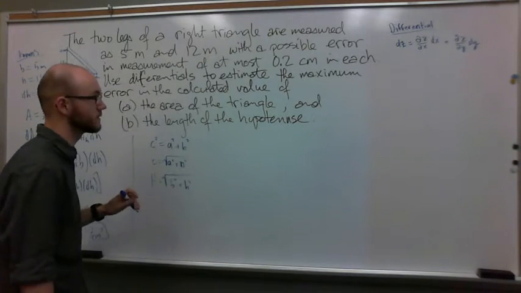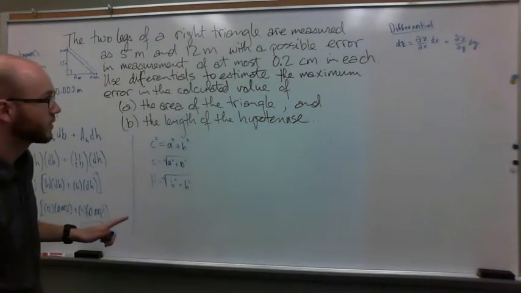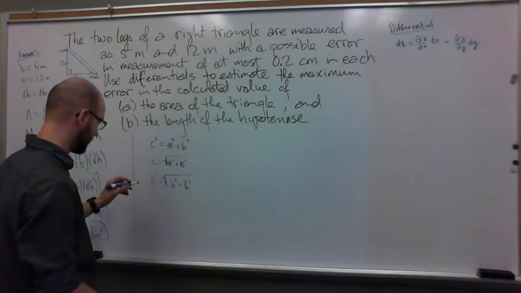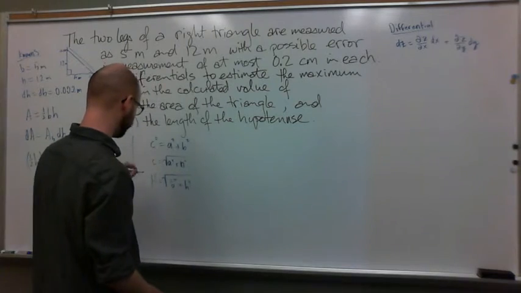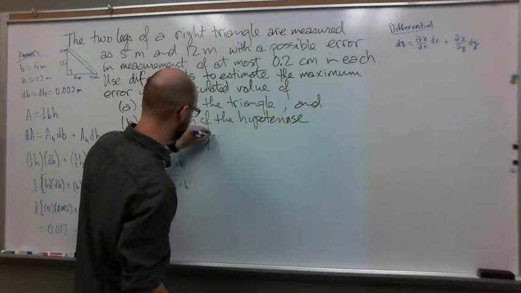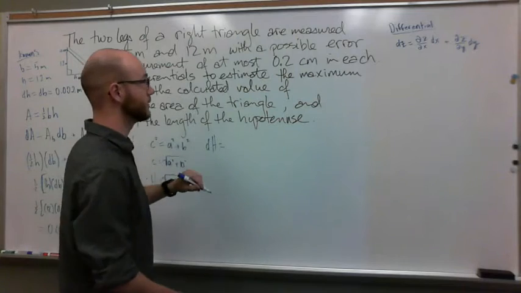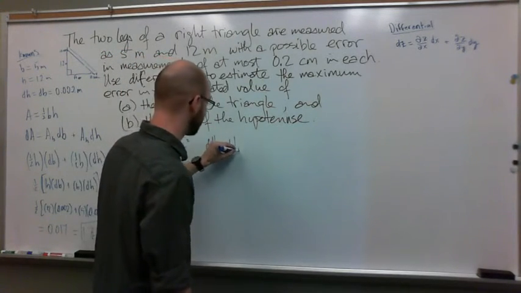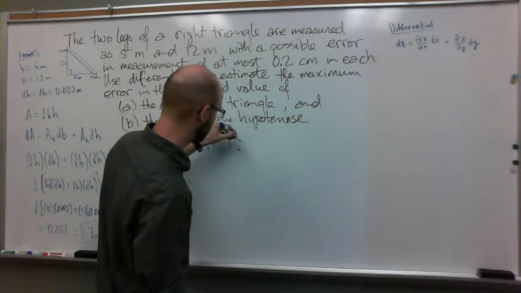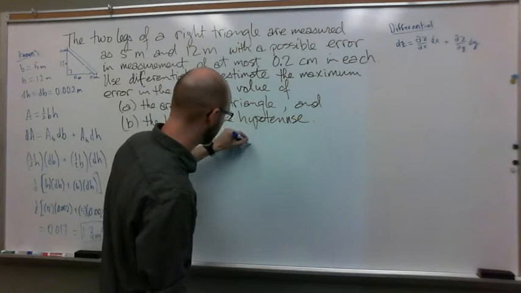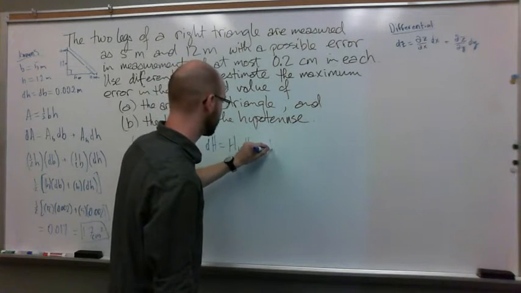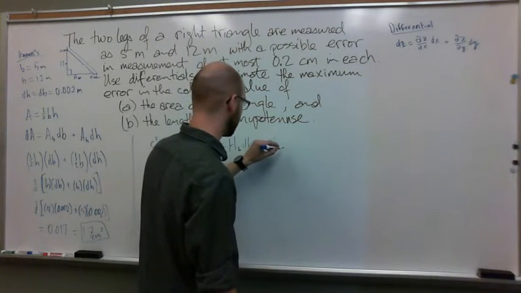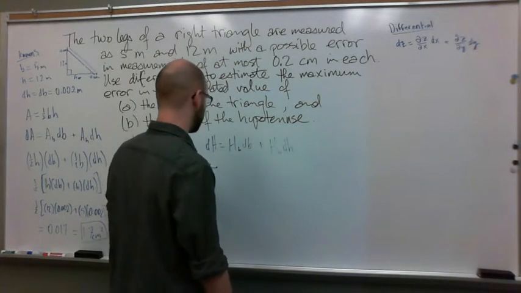Okay, now again, this is a function with two variables, so we're going to again use our differential equation to solve it. So to find dH, it's going to equal the partial derivative of H with respect to b times db plus the derivative of the hypotenuse with respect to the height times dh.